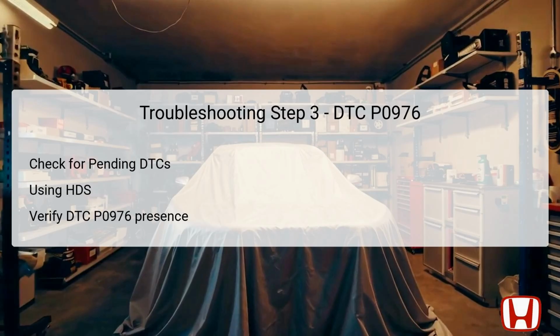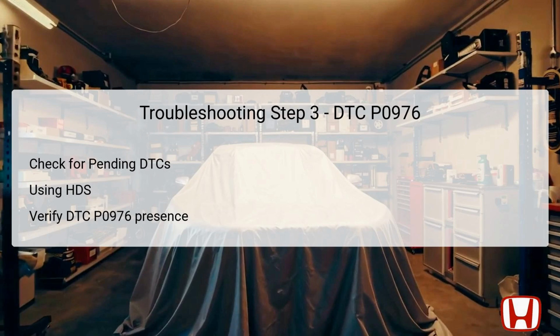After starting the engine and allowing the system to stabilize, the next step is to check for pending or confirmed DTCs using the Honda diagnostic system. This step acts as a verification process to determine if the P0976 code reappears.